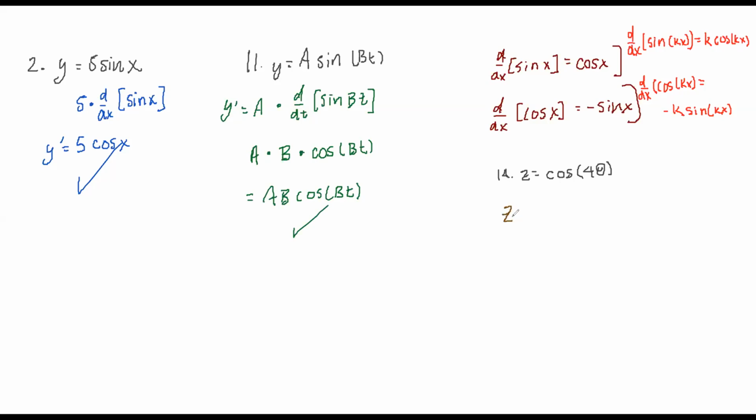So this is going to be dz d theta is equal to the derivative of this, which is going to be minus sine 4 theta, and then we're going to multiply that by 4, because that's the constant on the inside. We're going to end up with minus 4 sine 4 theta is equal to dz d theta. And that's kind of what we're looking at here.